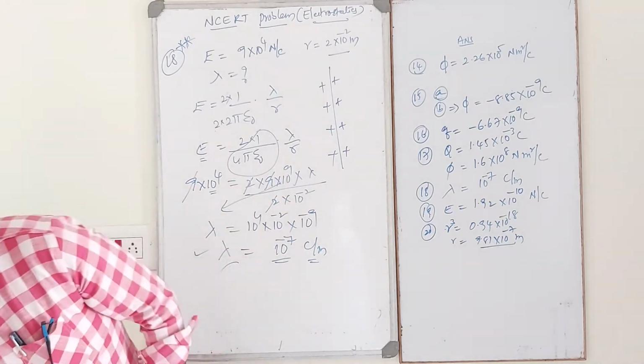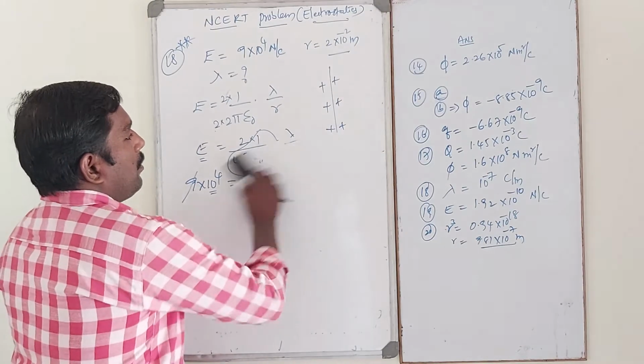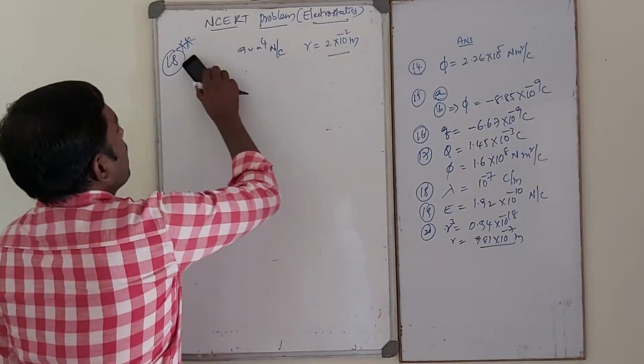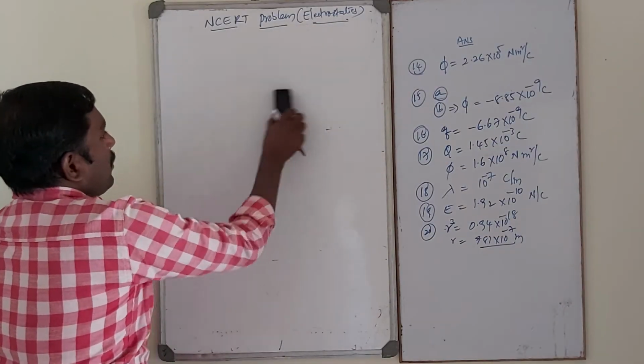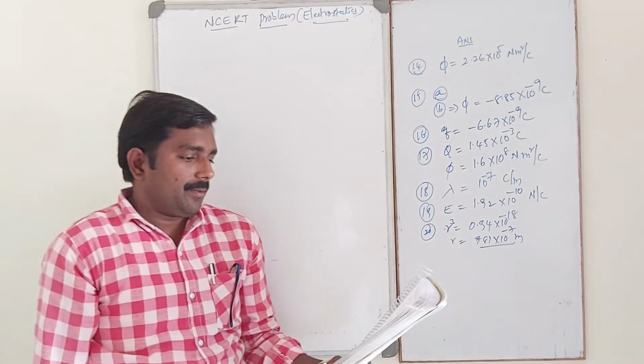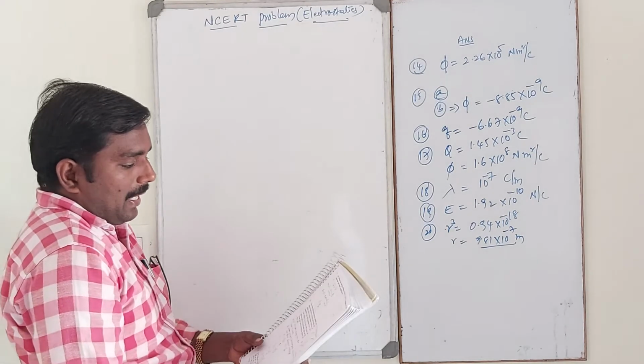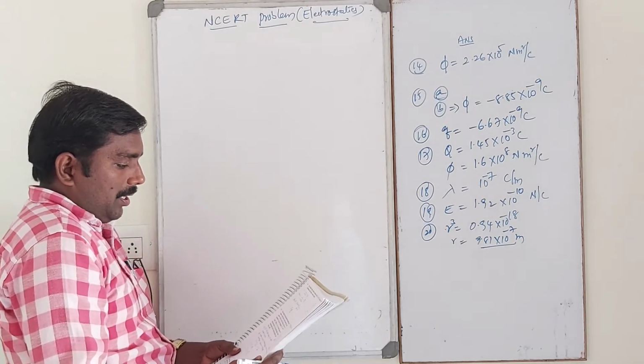19th problem. Next we will discuss the 19th problem. This is also an important one. Two large thin metal plates are parallel and close to each other.